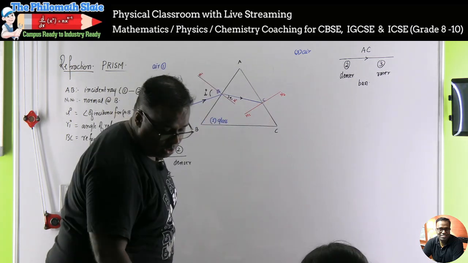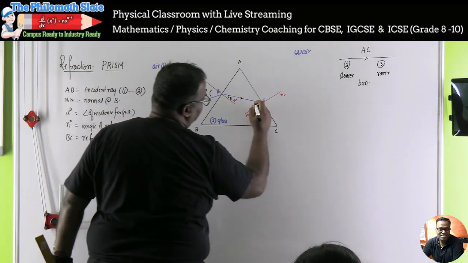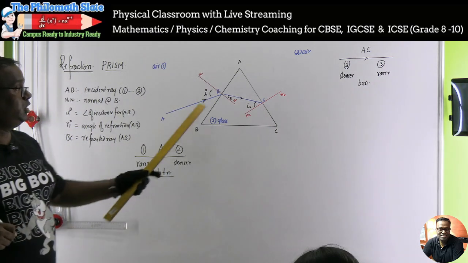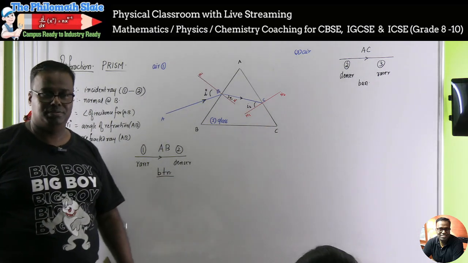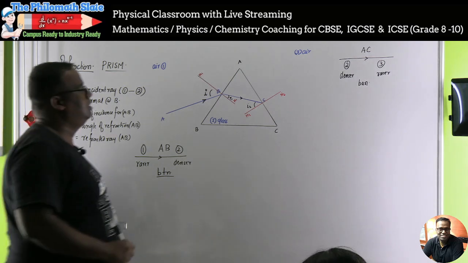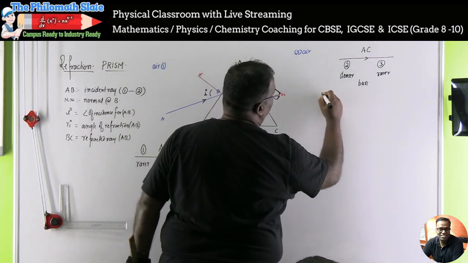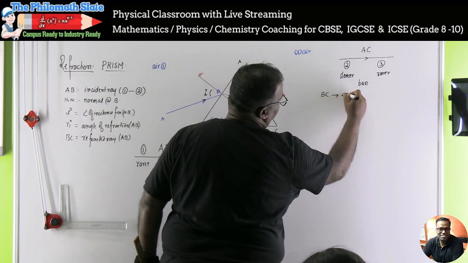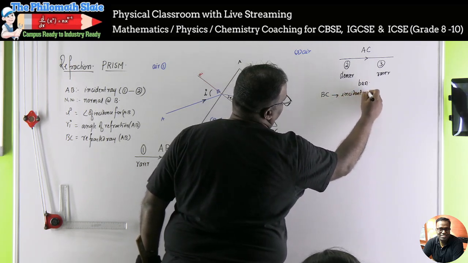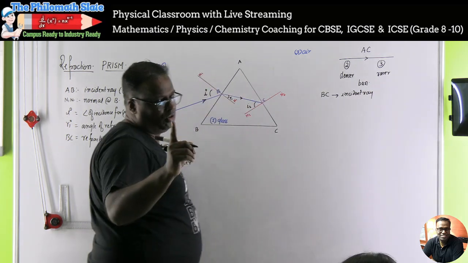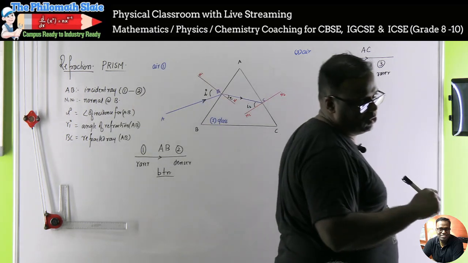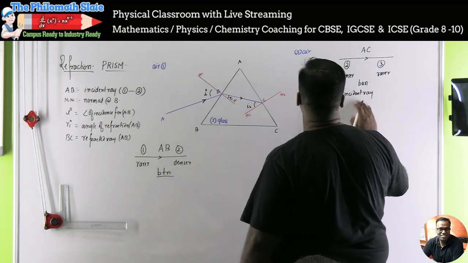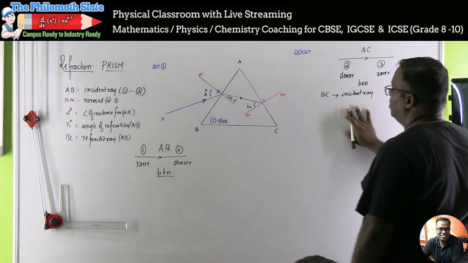Now look here. This angle will be my I2. I2 is the new angle of incidence. Are you able to get it? So now for this part, BC becomes the incident ray. And I'll teach you one more thing, though not in your syllabus. Studying it will help you understand rainbow better.